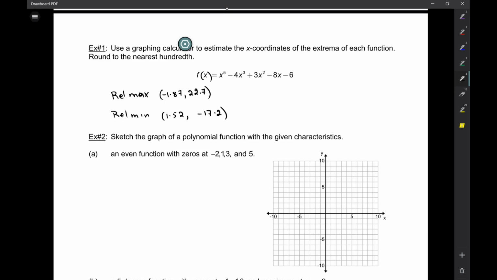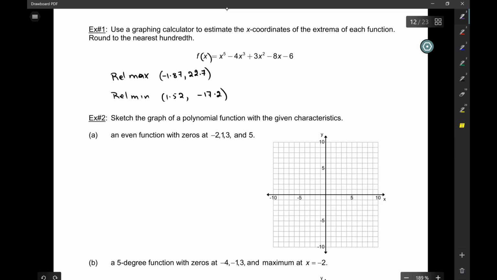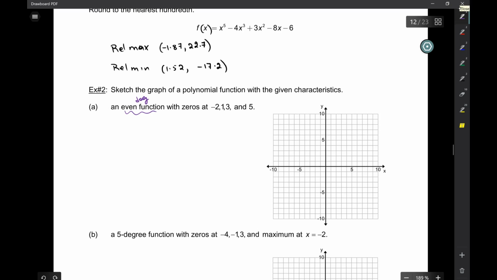We're going to go backwards now a little bit. We're going to sketch the graph of a polynomial function with the given characteristics. We want an even degree function, not an even function, but an even degree function, with zeros at negative 2, 1, 3, and 5. There could be more than one answer for this. What does it mean that it's an even degree function?